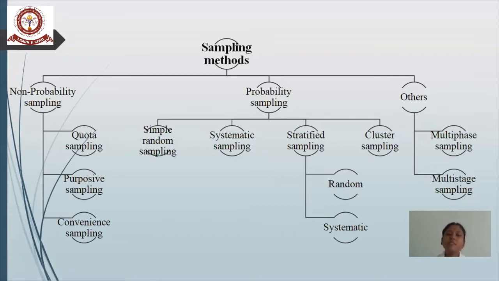It includes simple random sampling, systematic sampling and stratified sampling. Stratified sampling is again divided into stratified random sampling and stratified systematic sampling, and finally cluster sampling. So these are all the different sampling methods. Non-probability sampling mainly includes purposive selection of samples, and probability sampling includes random selection of samples.